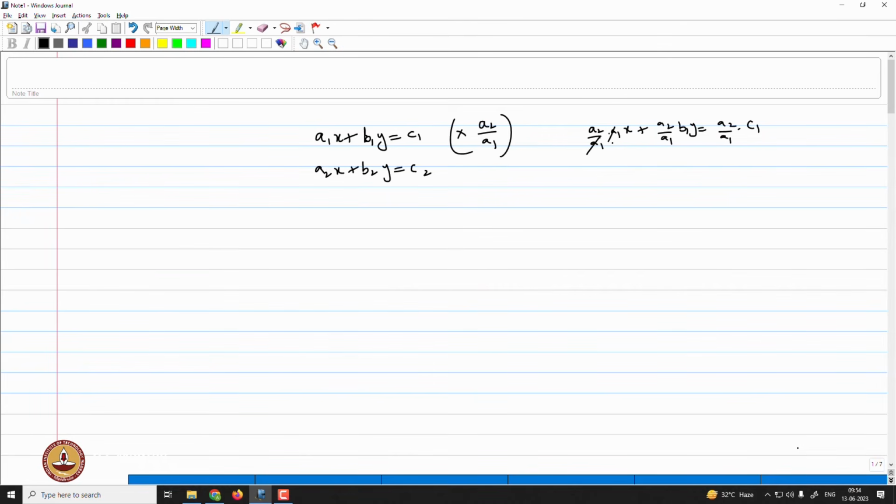So here these two cancel, and I end up getting this wonderful looking equation: a2x plus b1 a2 by a1 y equals c1 a2 by a1. Okay, so this is also a linear equation, but notice these two linear equations have the same a2 here.